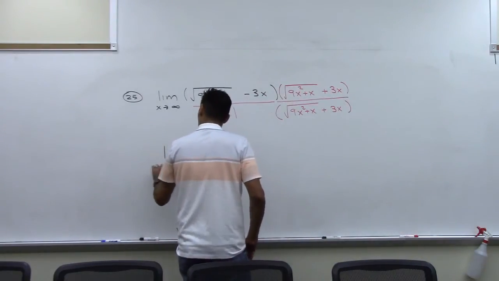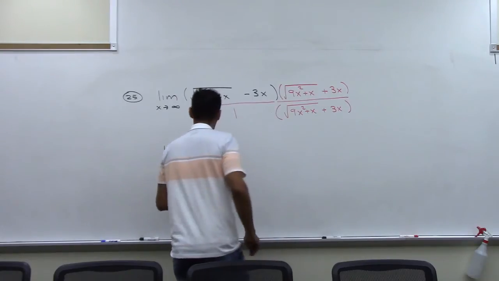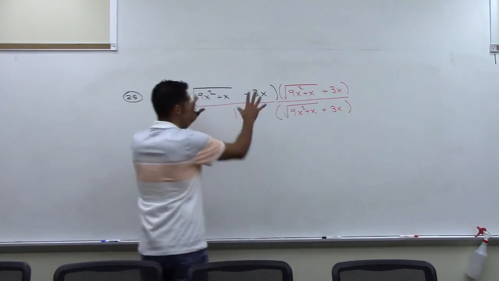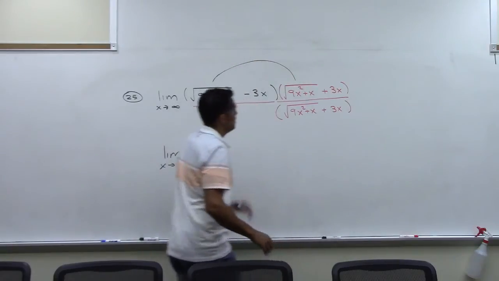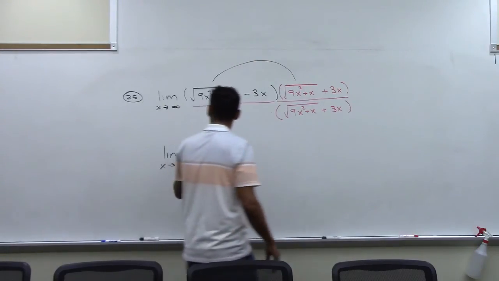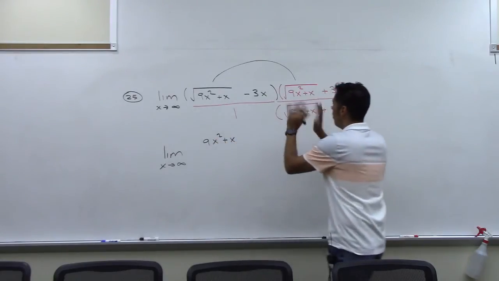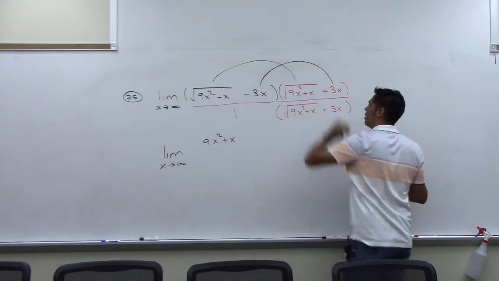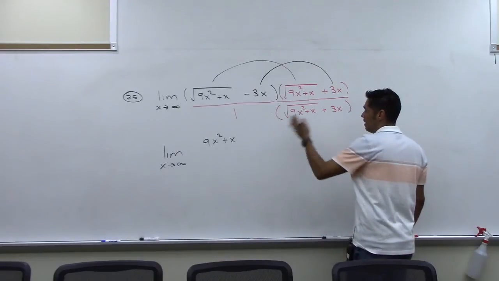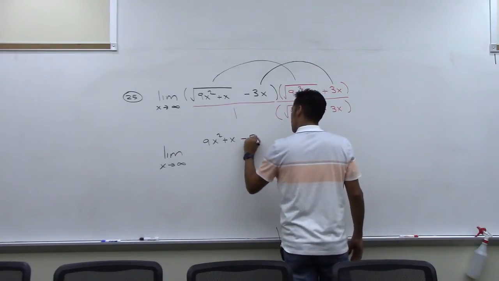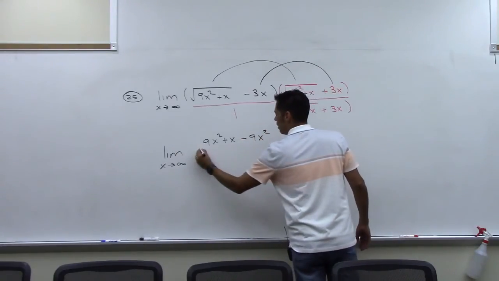Limit, x goes to infinity. And now when we do this, because it's the conjugate, the root is basically going to just go away. I'm going to get 9x squared plus x. The middle terms won't matter because they're going to cancel each other out, so I just get the last two terms. It'll be negative 9x squared. Oh, that's really nice.